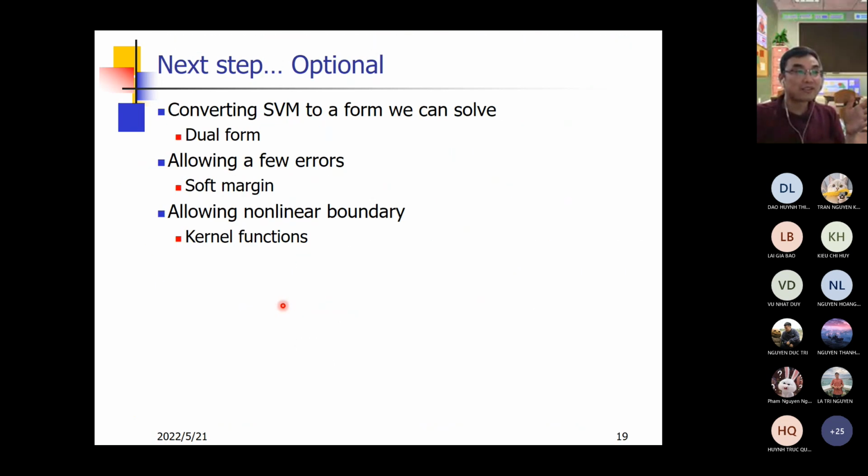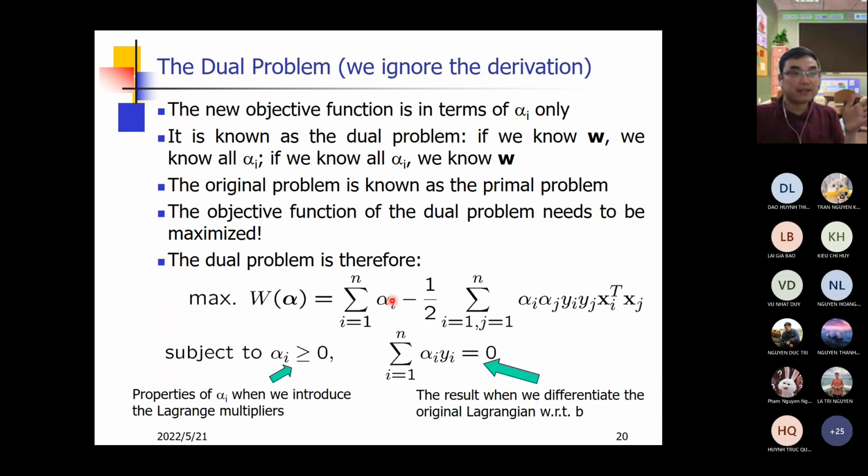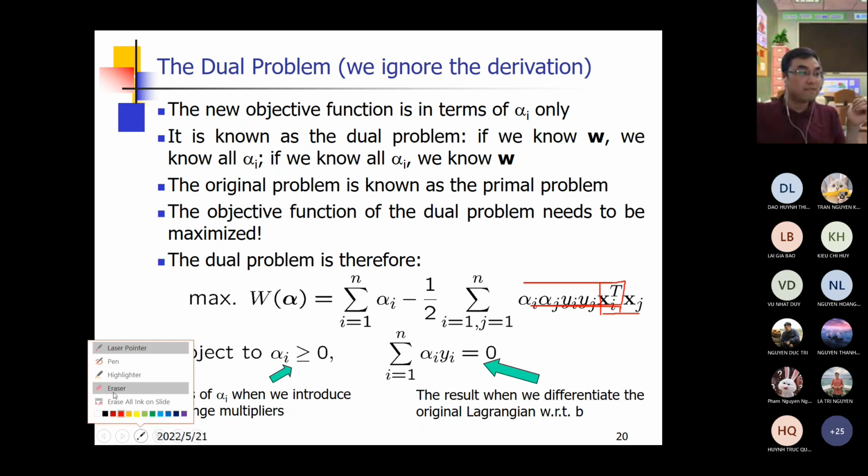It is this one: the sum of lambda i minus 1 divided by 2, times the sum over all lambda i, lambda j, yi, yj, and here the transpose vector of xi and xj. So more or less it looks like that.